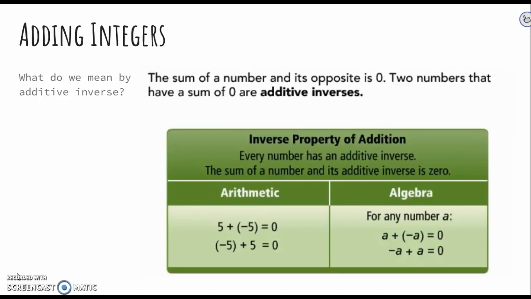With the inverse property of addition, every number has an additive inverse, and the sum of the number and its additive inverse equals 0. For example, 5 plus negative 5 equals 0, and negative 5 plus 5 equals 0. Remember, when looking for an additive inverse, make sure that you have the same number in both positive and negative values. The positive and the negative values are what equals 0.